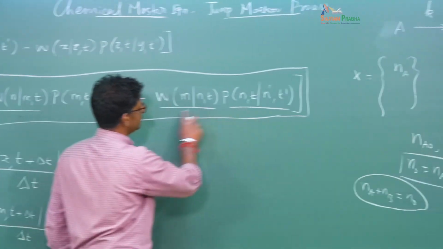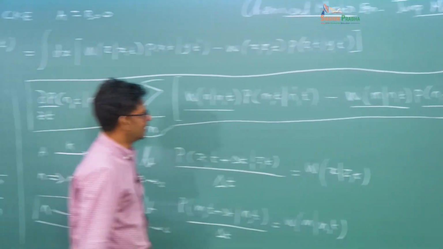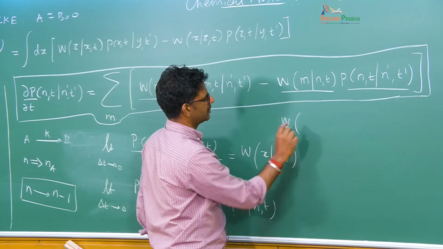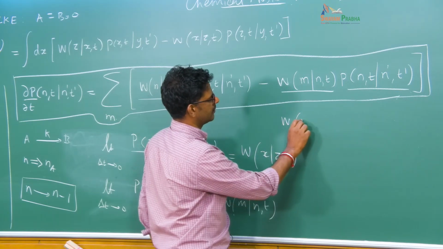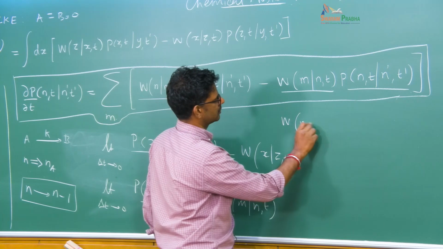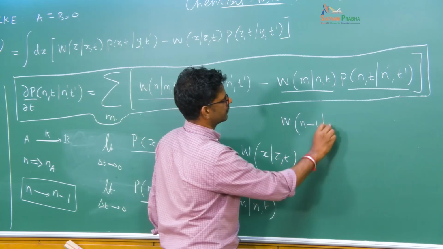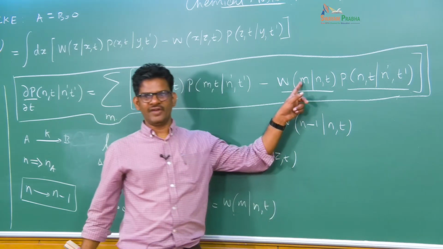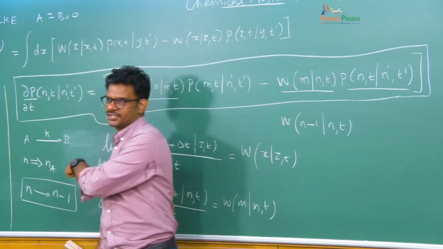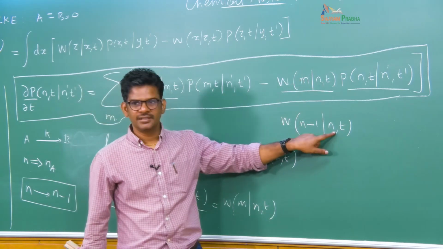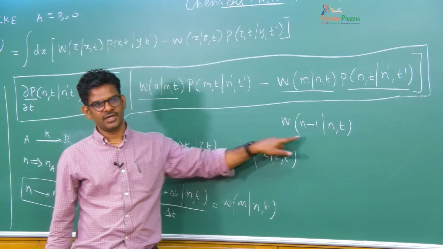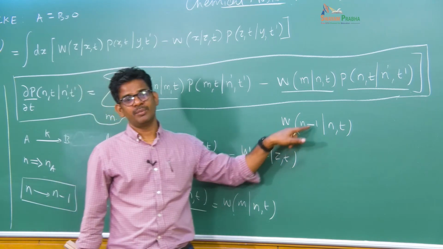If I look at this statement, what might happen is that m can become... even though I said that there are many possible m values, for this reaction, if it is n, it can only become n minus 1. It cannot go to n minus 2, it cannot become n minus 3, or n plus 1 and n plus 2.